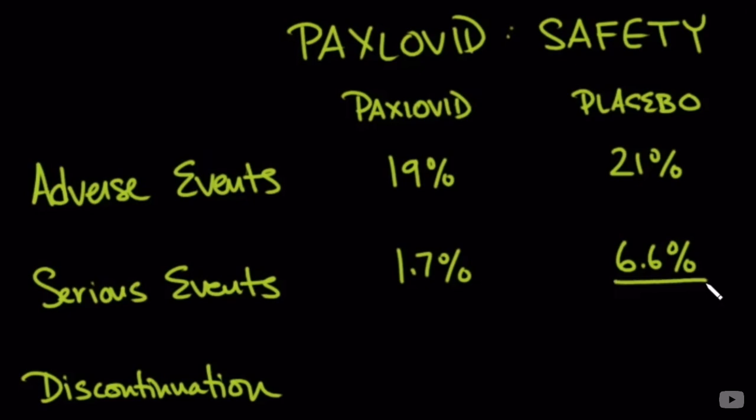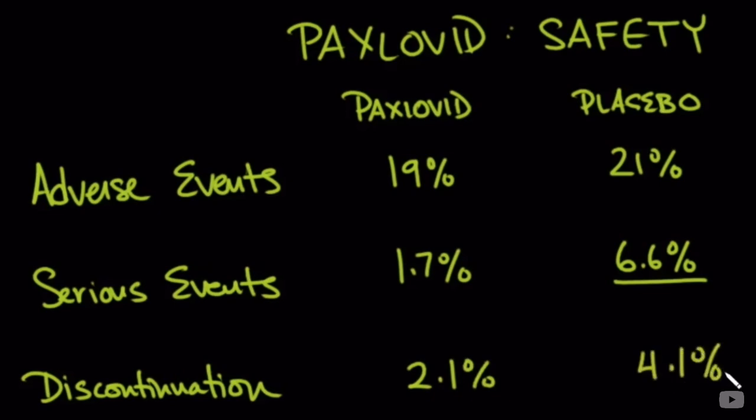And again, this could be because the medication is so effective at reducing hospitalization that these adverse effects may have come from hospitalization. In terms of discontinuation, the discontinuation rate when patients were given PAXLOVID was 2.1%. Placebo was 4.1%.